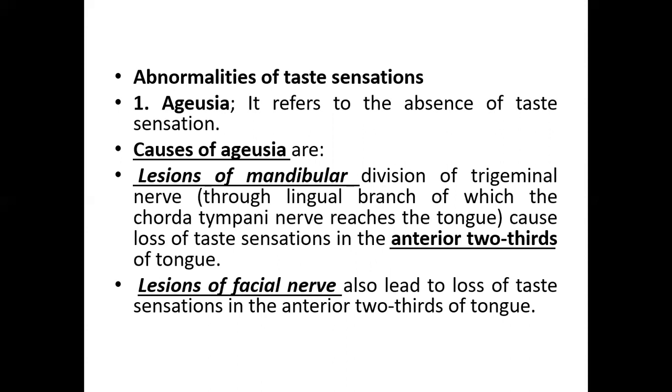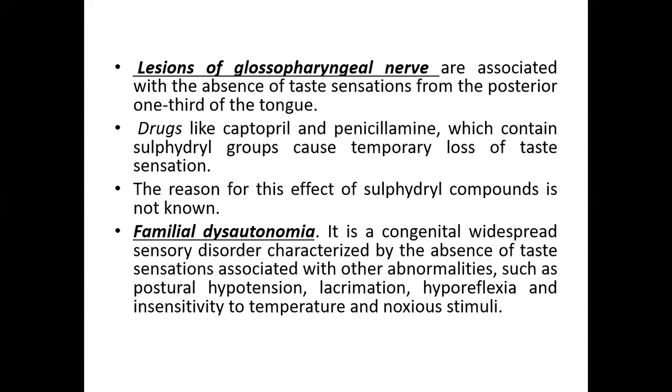Lesion of the facial nerve also leads to loss of taste sensation in the anterior two-thirds of the tongue. Lesions of the glossopharyngeal nerve are associated with absence of taste sensation from the posterior third of the tongue.